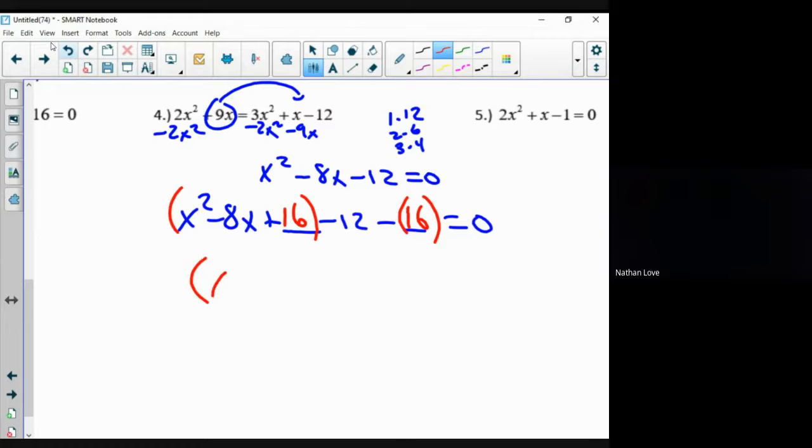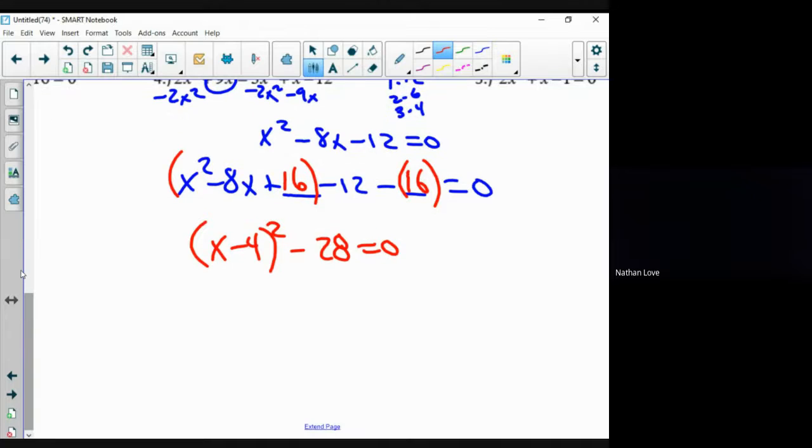So this factors down to x minus 4 squared, and this gives you minus 28 equals 0. You with me? Any questions on how I get my numbers? The time is now to ask. Good with that? All right.